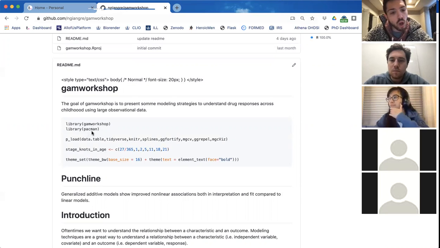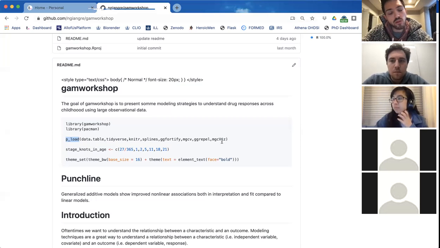And then the other cool thing, another package called Pacman. It's very good for loading and installing libraries very simply. So I'm using that. So actually, p_load here is a combination of installing libraries if they're not installed on your system, and also then loading them.